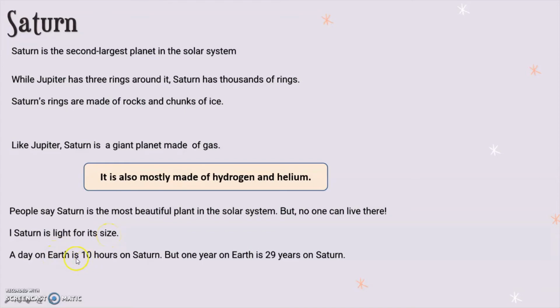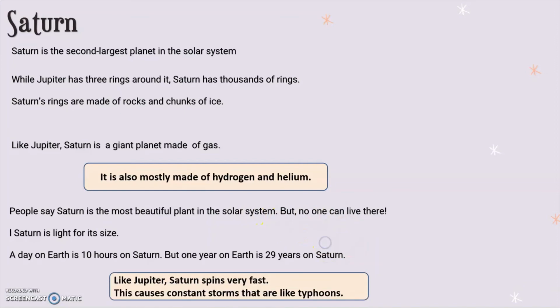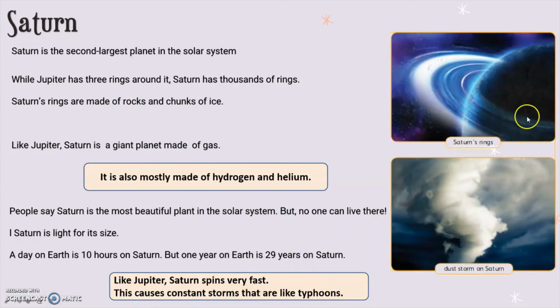A day on Earth is 10 hours on Saturn, but 1 year on Earth is 29 years on Saturn. It's so long. Next, like Jupiter, Saturn spins very fast. This causes constant storms that are like typhoons. Now like this, Saturn's rings, and then dust storms on Saturn, like typhoons.